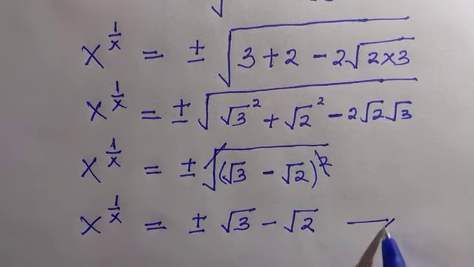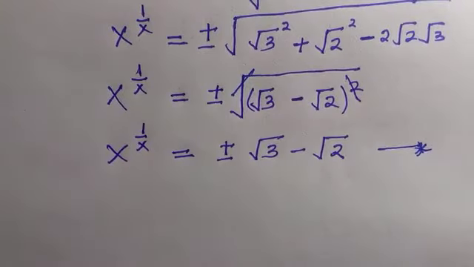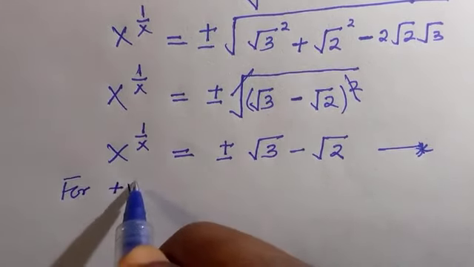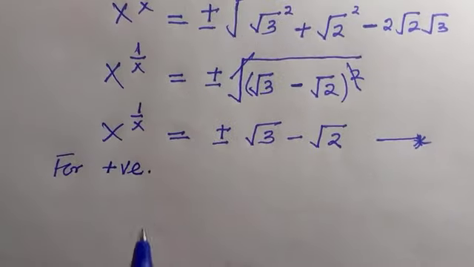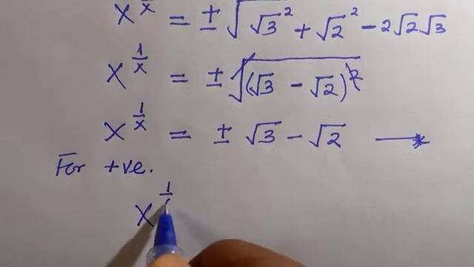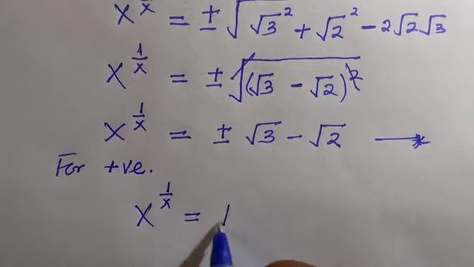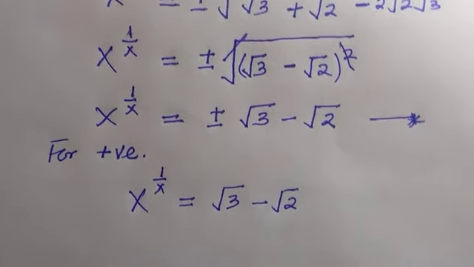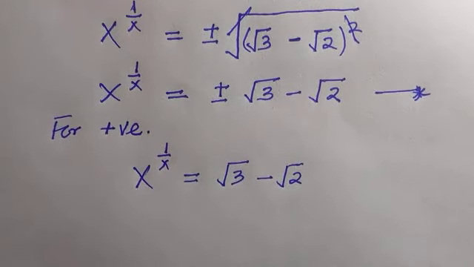Since this one collects both positive and negative, we are going to deal with the symbols separately. So for the positive symbol, we have x raised to the power 1 over x equals root 3 minus root 2. Remember that our aim is to obtain the value of x.